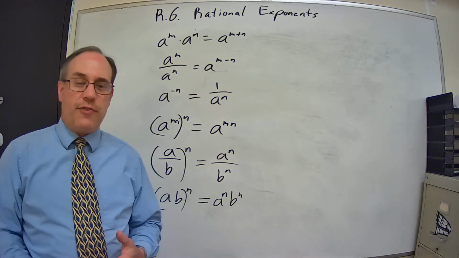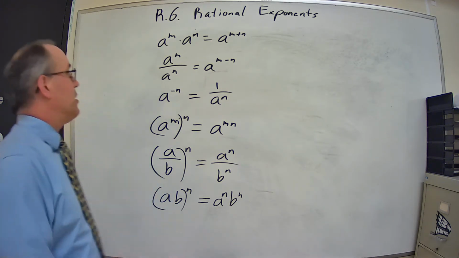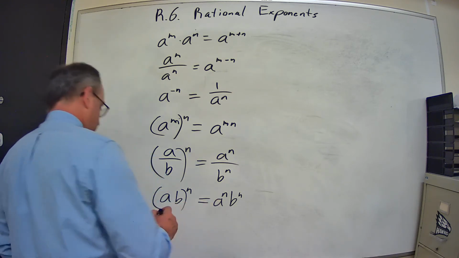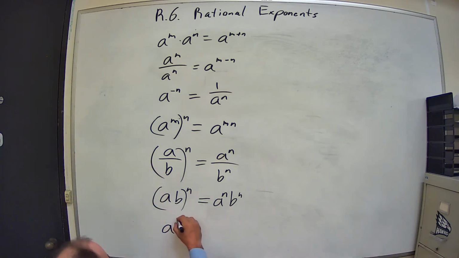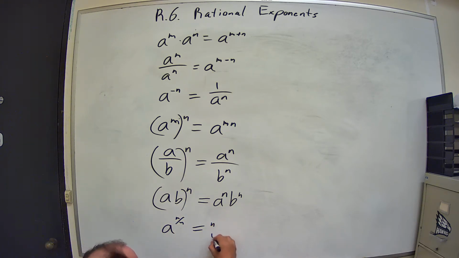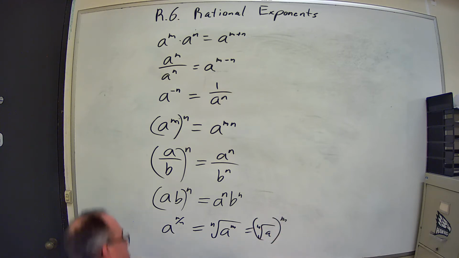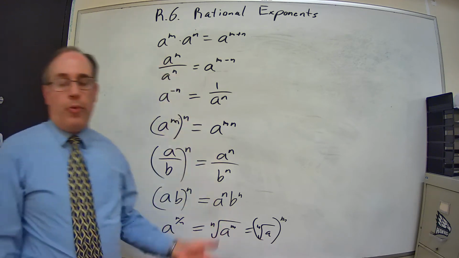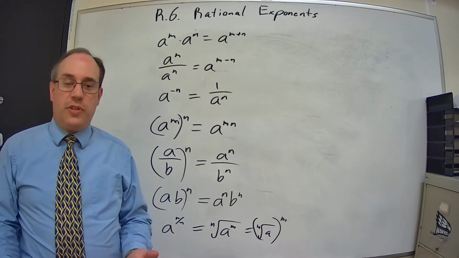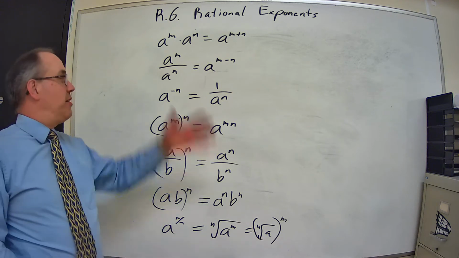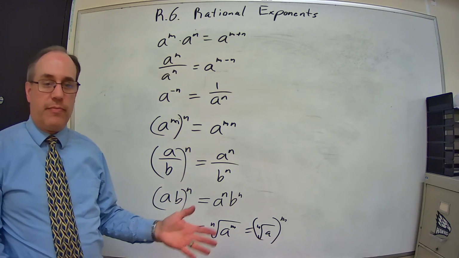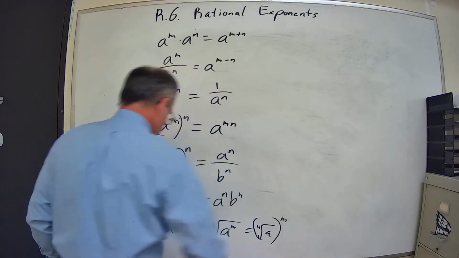So we have all these different rules that come together for us, and then we have a to the m over n is equal to the nth root of a to the m, or the nth root of a raised to the m. So we got a whole bunch of rules that we use when working with exponents. So let's put some of them to use.